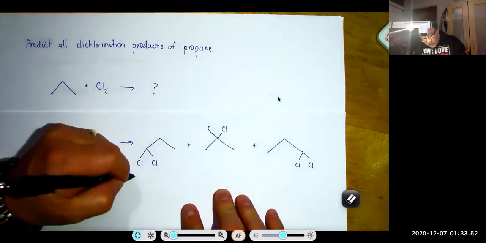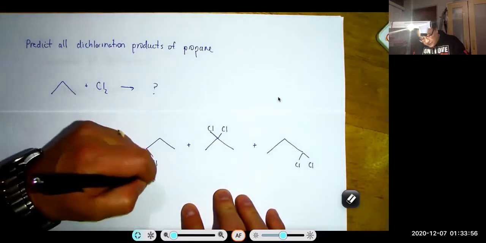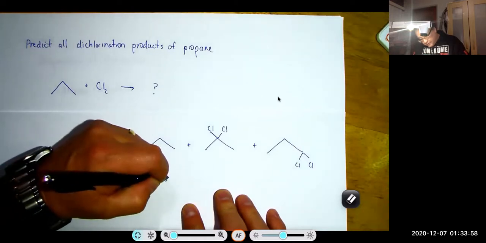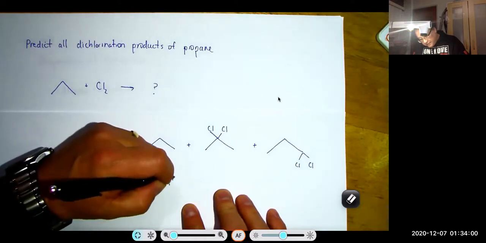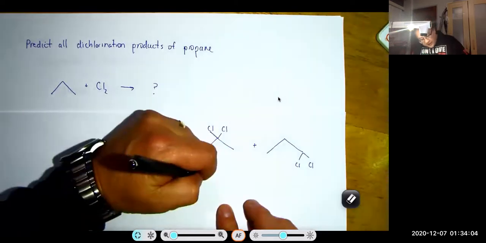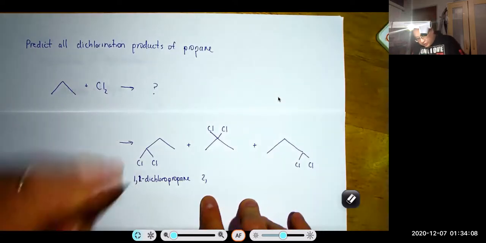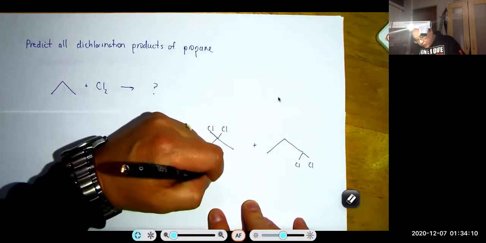This one is called 1,1 dichloropropane. This one is called, and I made a mistake, it's called 1,1 dichloropropane. This one is 2,2 dichloropropane.